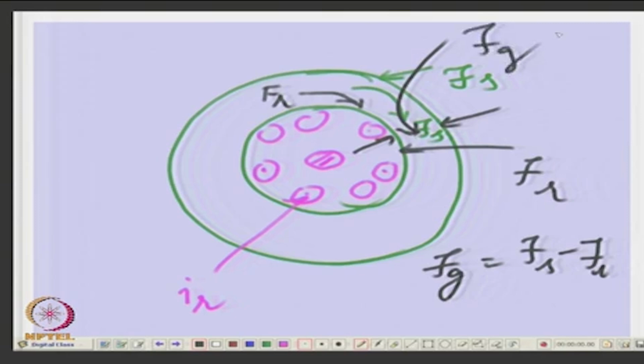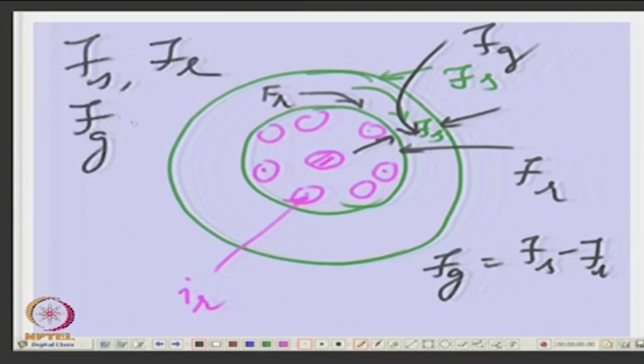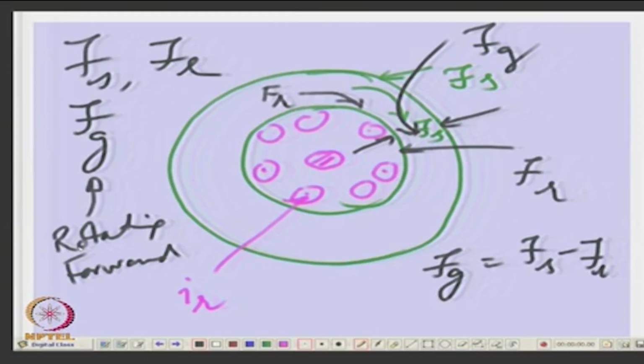That is the air gap MMF, and therefore Fs, Fr, Fg, what is the nature of them? They also rotate forward at synchronous speed, all of them. So, you have a net forward rotating field Fg. Now, you know that Fg varies with speed. Although Fs is fixed, Fr goes on changing with speed.